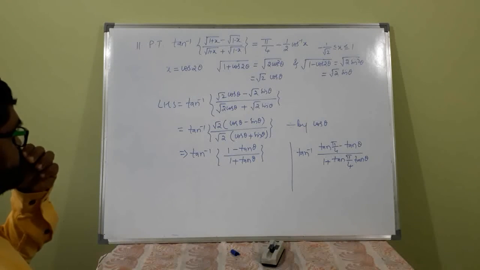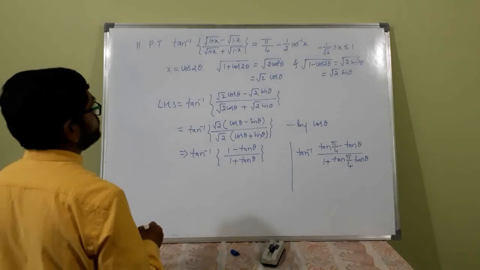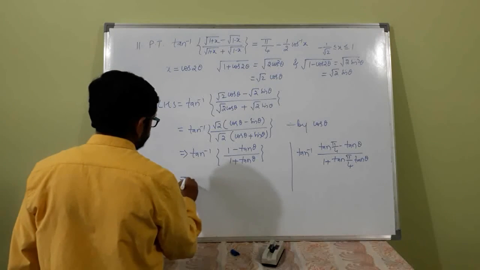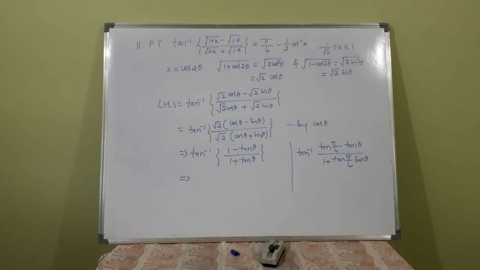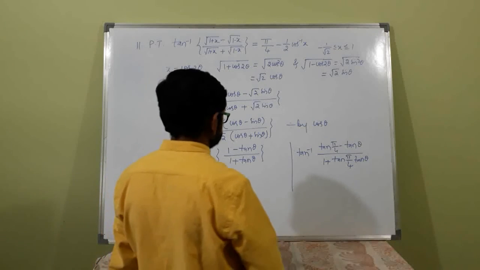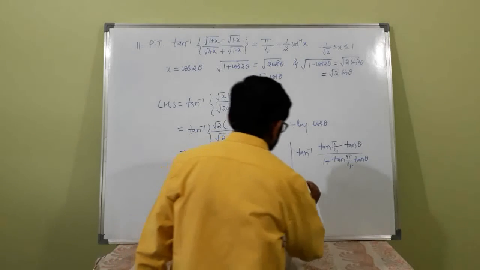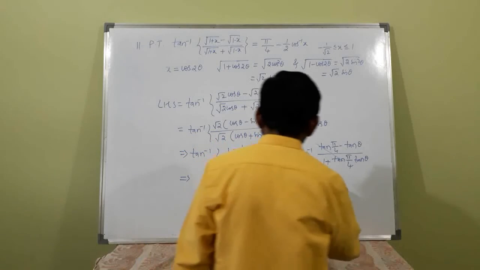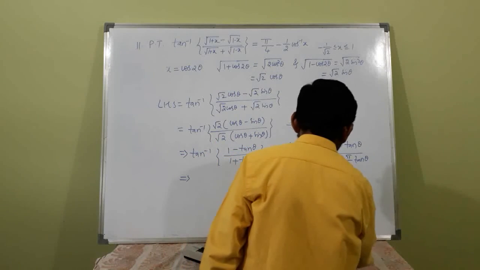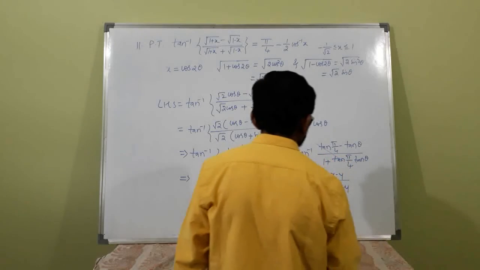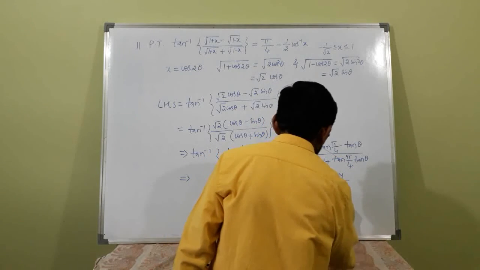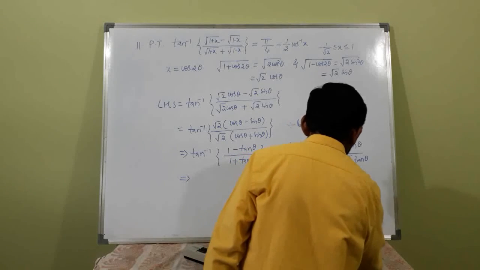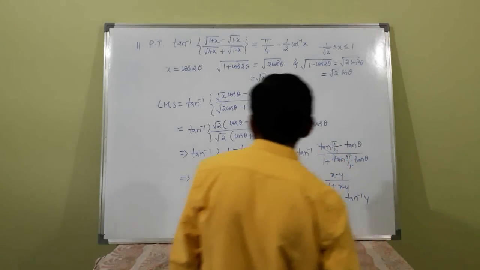So this is same as tan inverse of, what is that? Tan inverse of, okay, it will not be helpful. So let us do one thing. Tan inverse of x minus y by 1 plus xy form it is. This can be written as tan inverse of x minus tan inverse of y, isn't it?